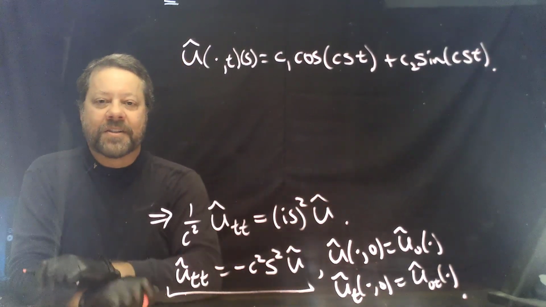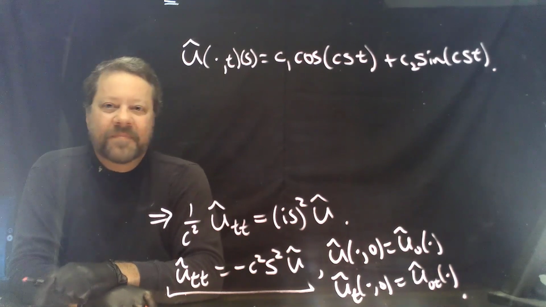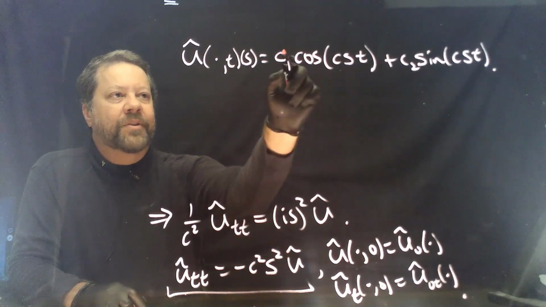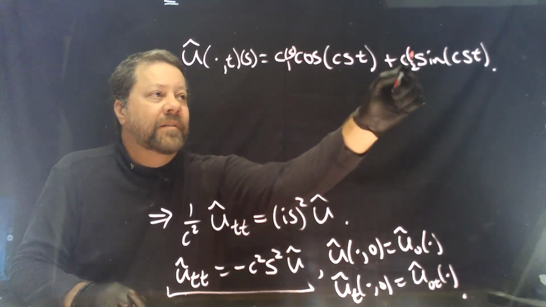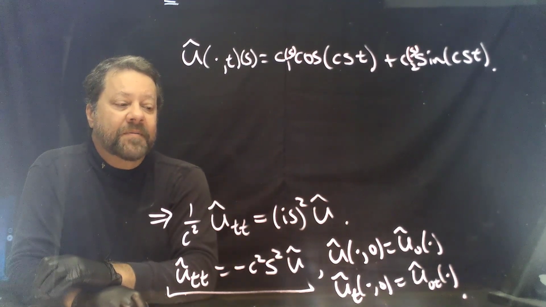Those are the functions that have derivatives equal to the negatives of themselves. Here we have to assume that C1 is constant relative to t, but it could be a function of s. Same thing with C2. These could be functions of s.